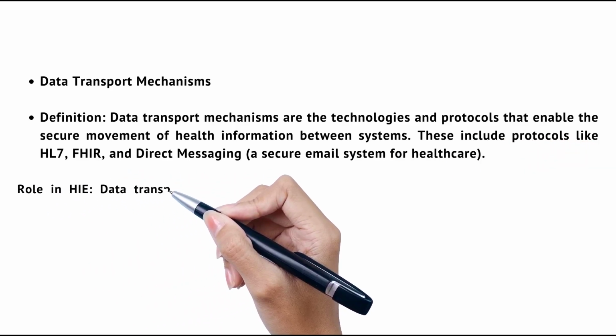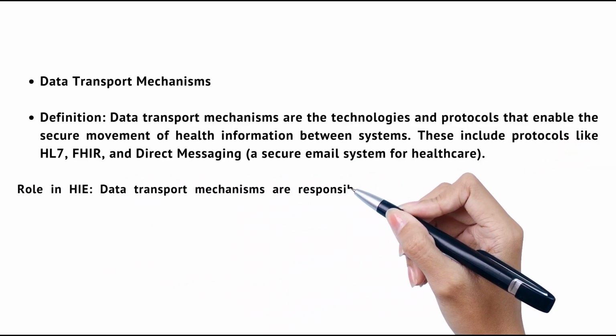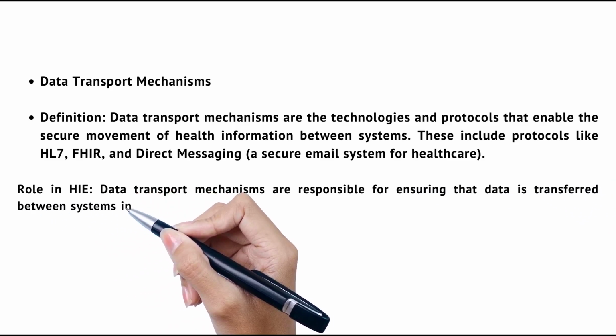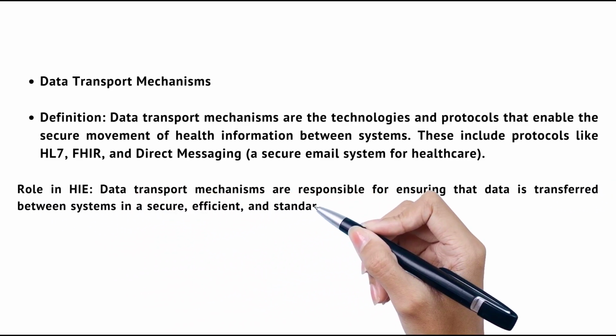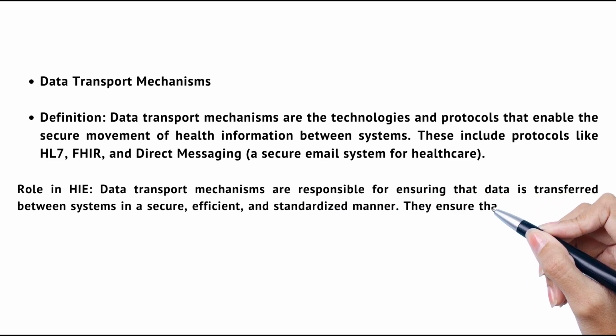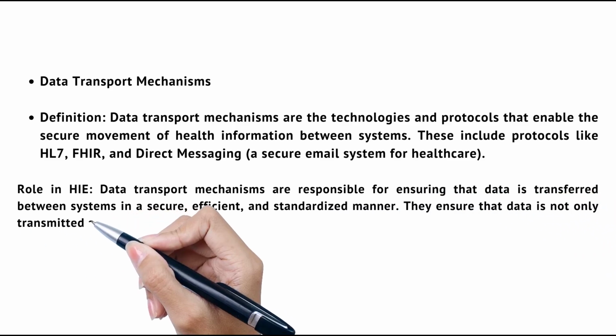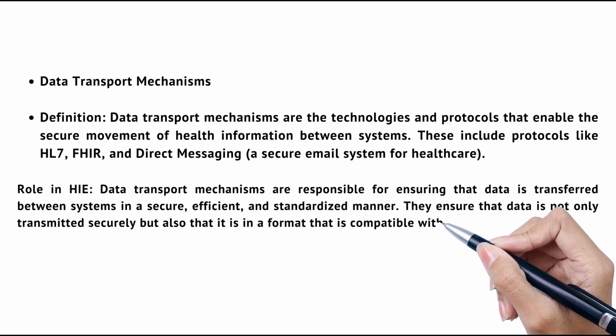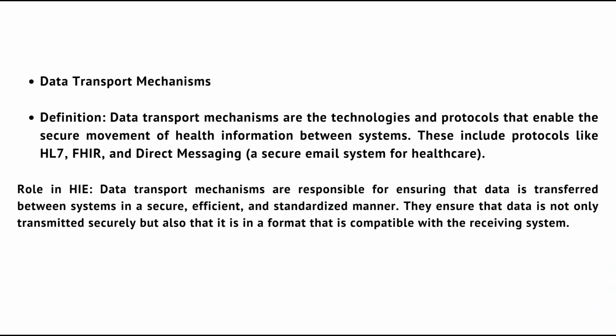Role in HIE. Data transport mechanisms are responsible for ensuring that data is transferred between systems in a secure, efficient, and standardized manner. They ensure that data is not only transmitted securely, but also that it is in a format that is compatible with the receiving system.